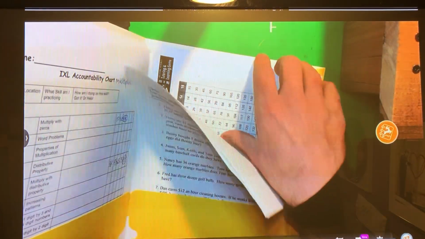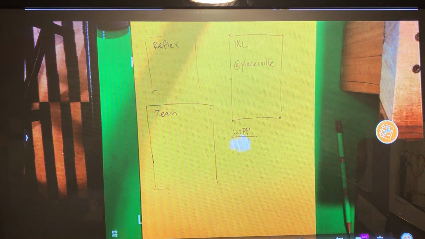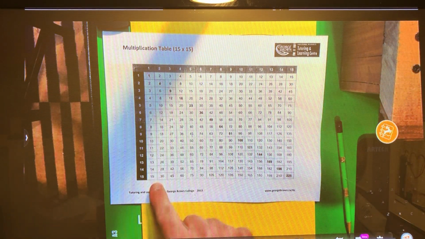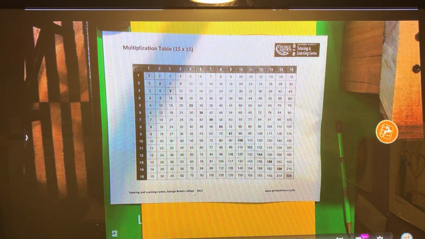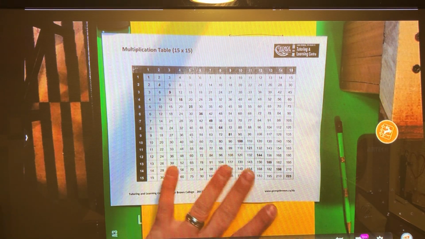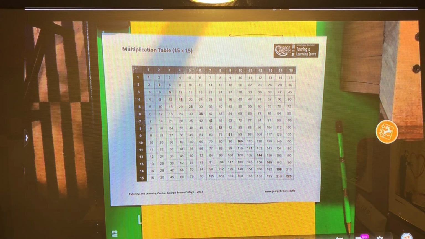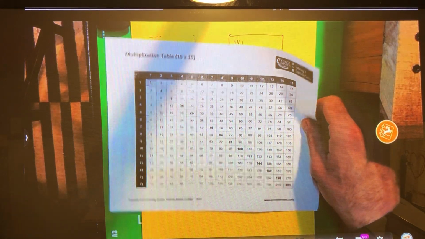But I do want to remind you that inside of your lovely yellow folder that has all your usernames and passwords, you have a multiplication table that goes to 15 times 15. This will be very beneficial to you when listing factors and locating multiples once you get there, okay? So make sure that you pull that out when you're completing even numbers, number 3 as well.